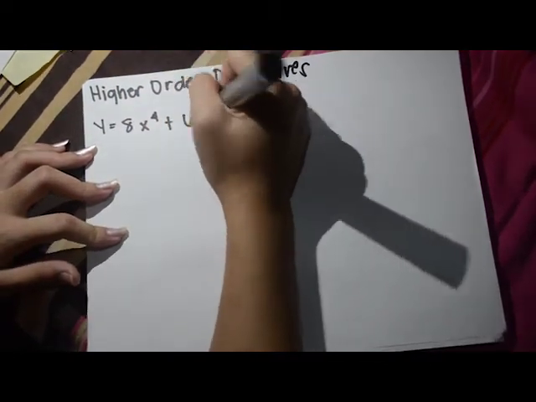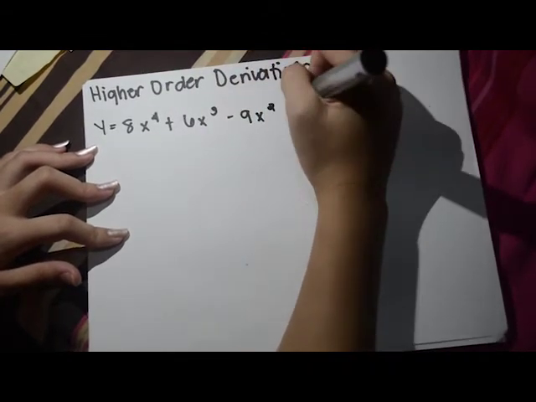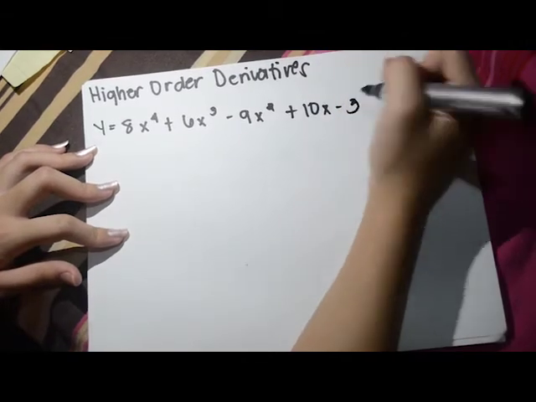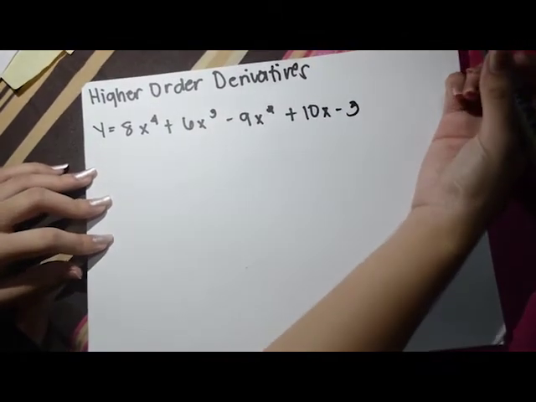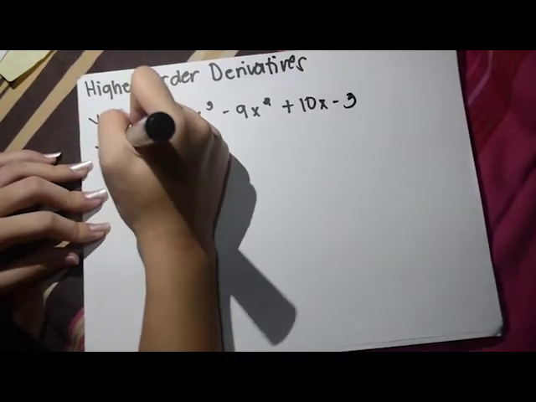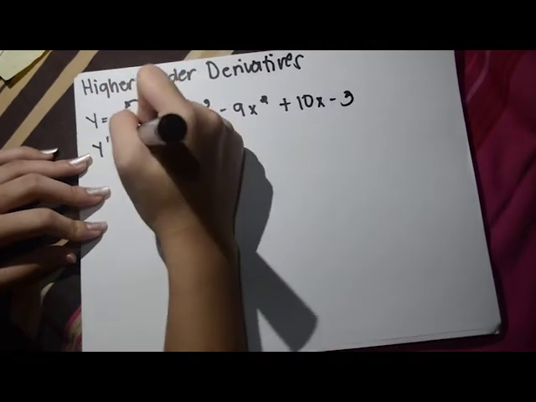We'll find the first, second, third, and fourth derivatives of a complex function. We are given here an example. Y is equal to 8x raised to 4 plus 6x cubed minus 9x squared plus 10x minus 3.